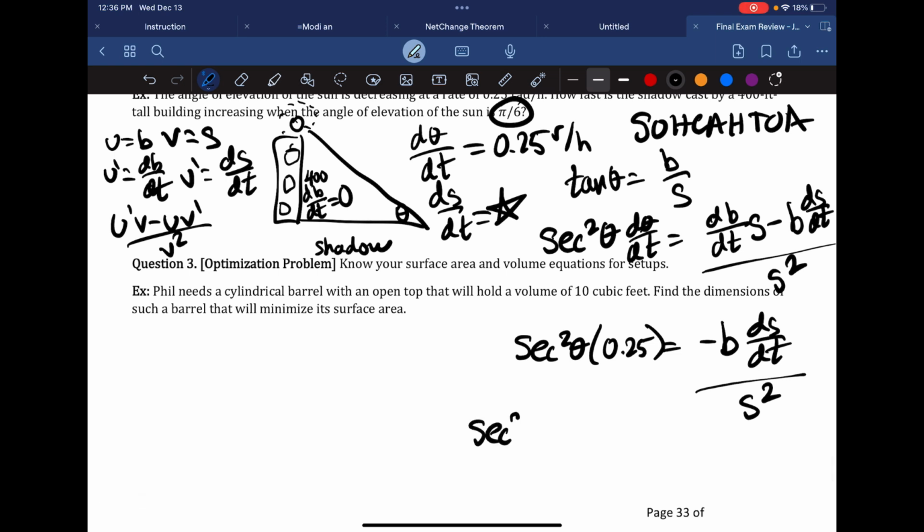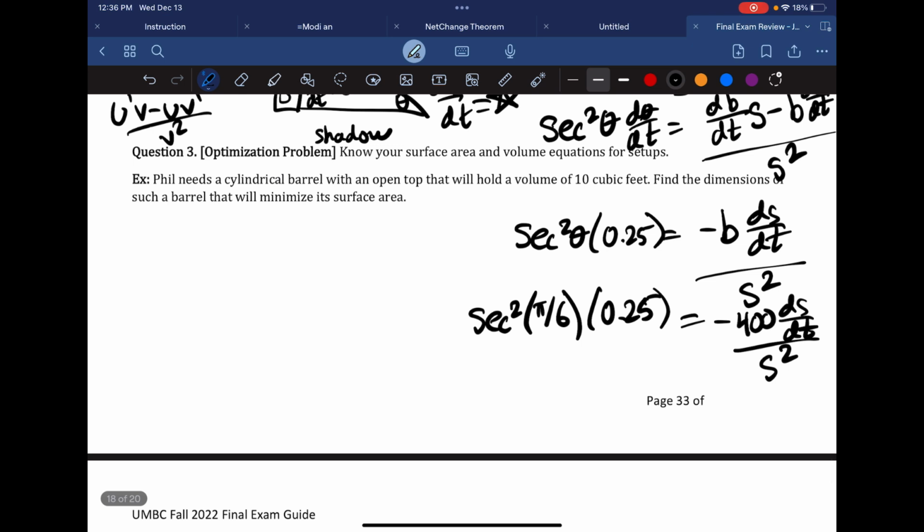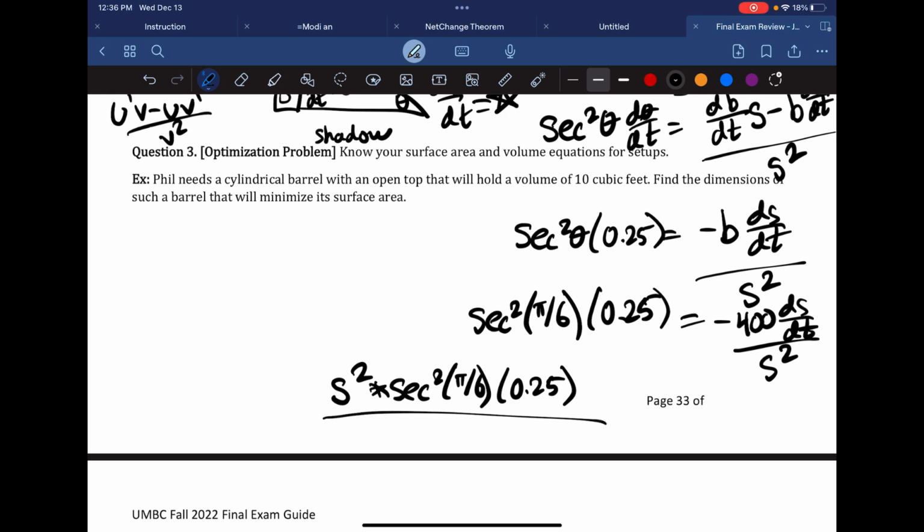So we get secant squared of pi over 6 times 0.25 equals negative, we know the building is 400, building is not changing height, ds dt over s squared. And ds dt is what we're trying to solve for. So let's simplify this in terms of ds dt. We can multiply both sides by s squared, and then divide by that negative 400, so s squared times secant squared of pi over 6 times 0.25, divided by negative 400, equals ds dt.